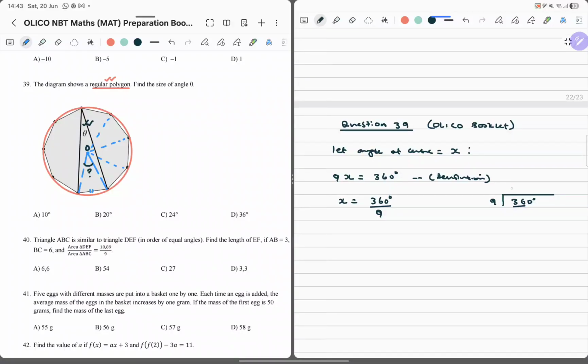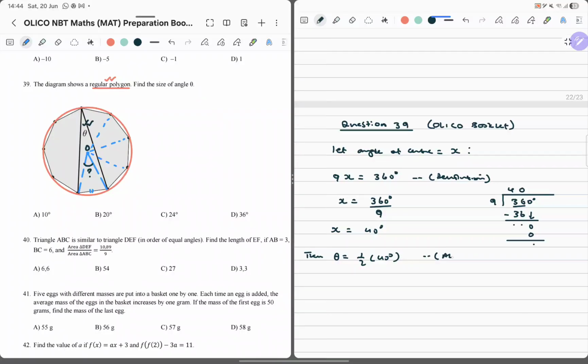9 into 36 goes 4 times. So this is 36, this is 0, and we get 40. So our x is going to be 40 degrees. We can say then theta is going to be half of 40.